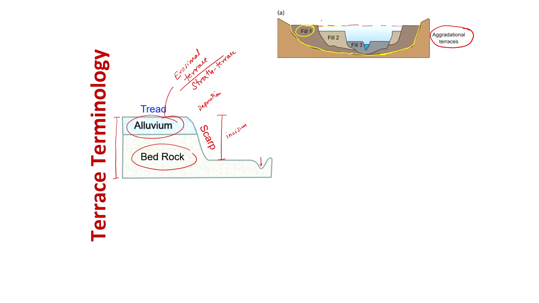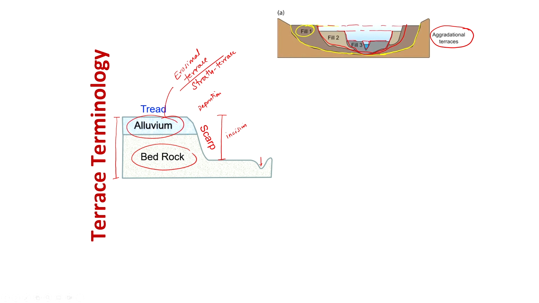Then there was incision. This process of incision resulted in the formation of this terrace. Then again there was a fill, the next phase which came up to this, and further incision, then the third fill, and then again incision.